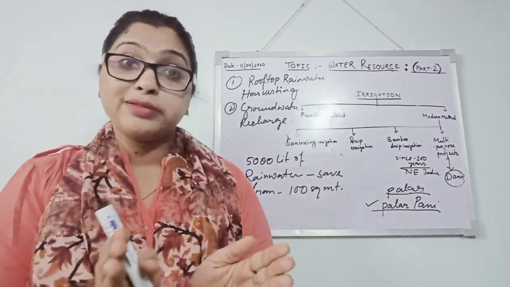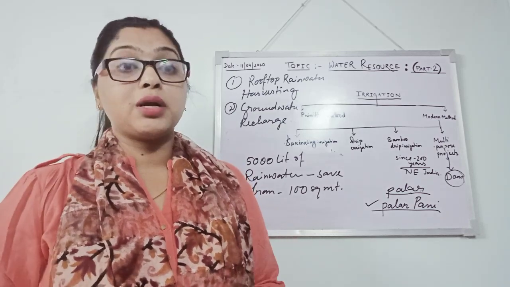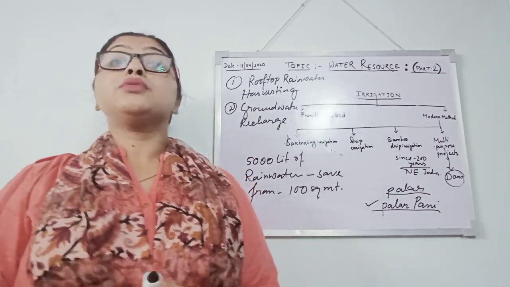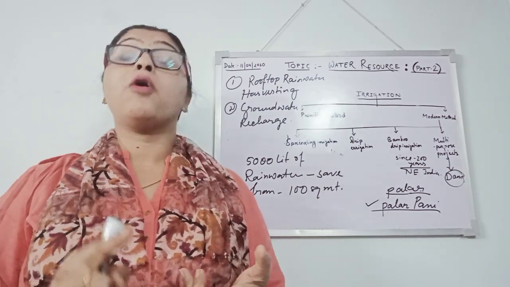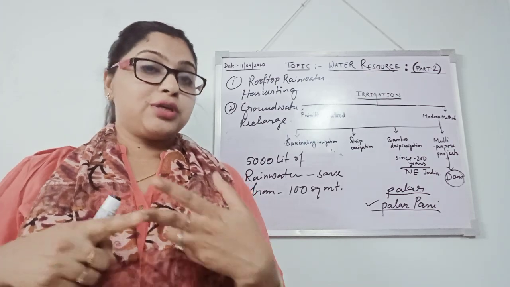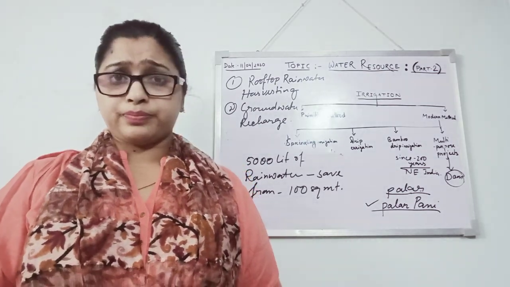It is not a small amount, it is a large amount. If we save this water properly, we can use it for drinking, for watering the plants, even for washing clothes, washing utensils, and so many other purposes.